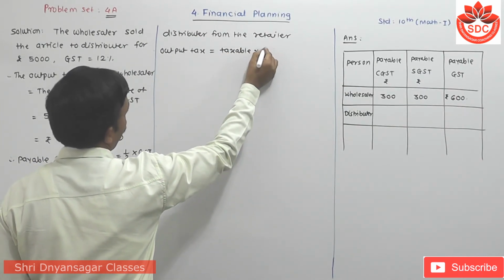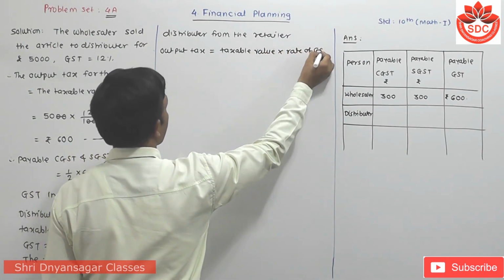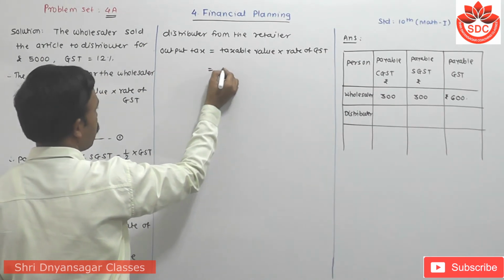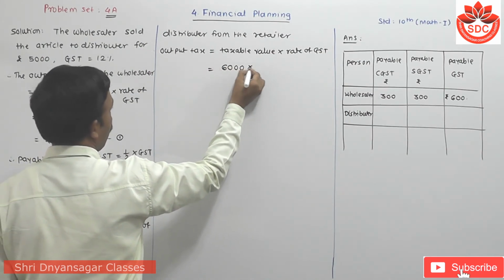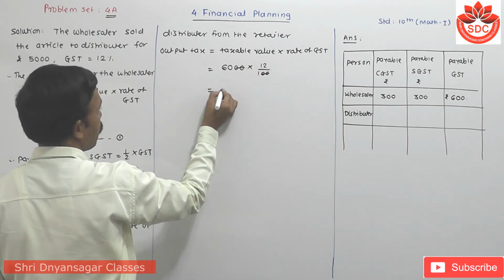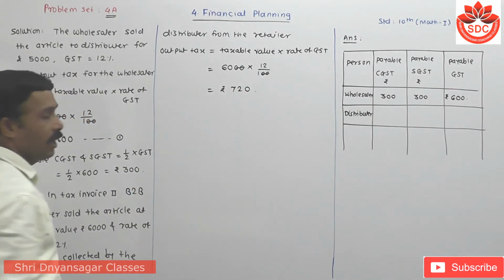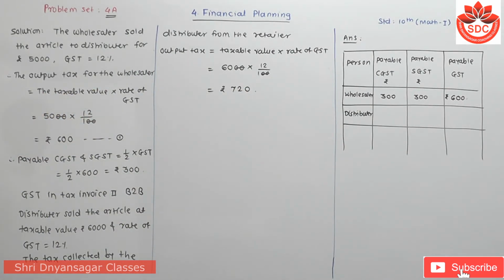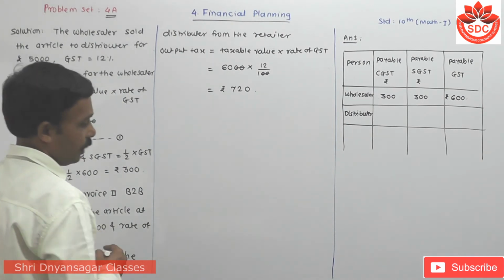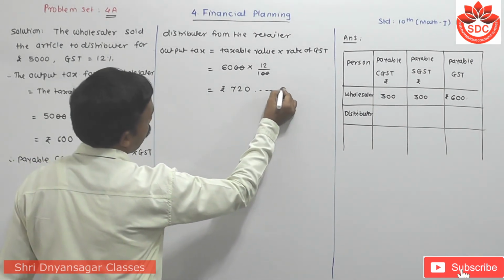Here the taxable value is 6,000 and the rate of GST is 12%. The zero gets cancelled, so 12 sixes are 72, that means 720 rupees. This is the output tax. Suppose we take this as equation number second here.